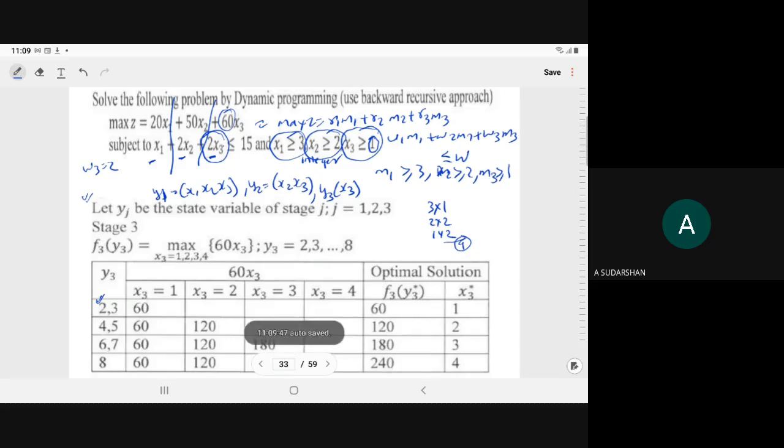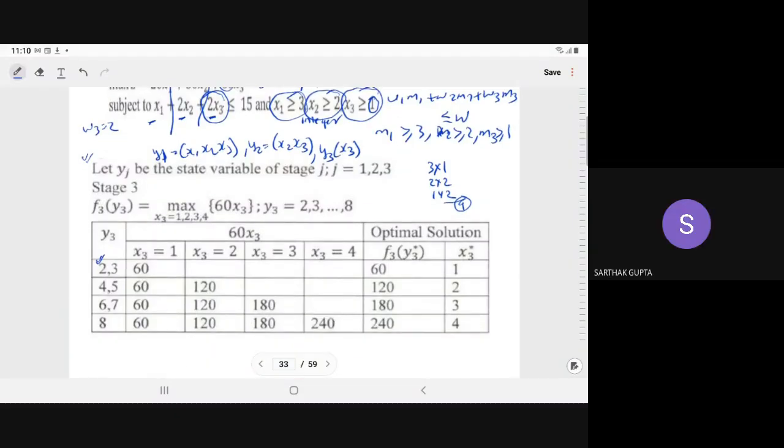If you have a space of 4 or 5, then you can allocate 2 items of 2 unit weight. So your x3 should be 1, 2, 3, right? Not 4.